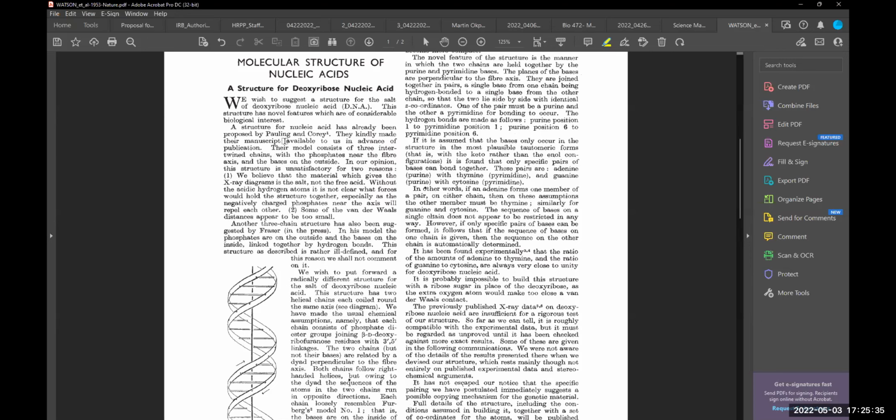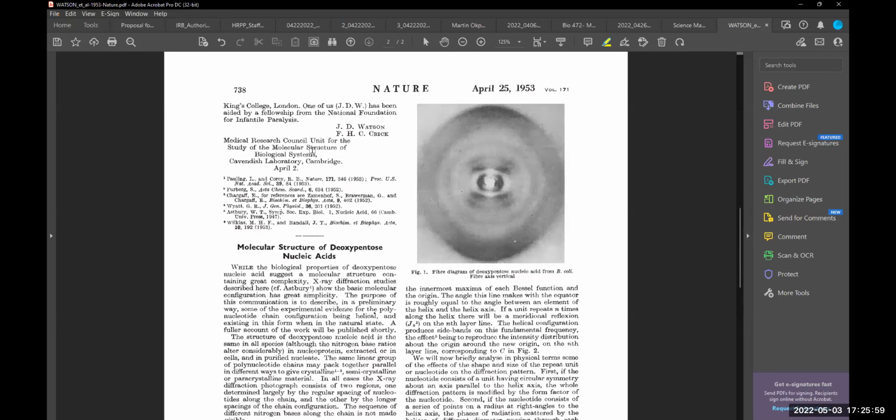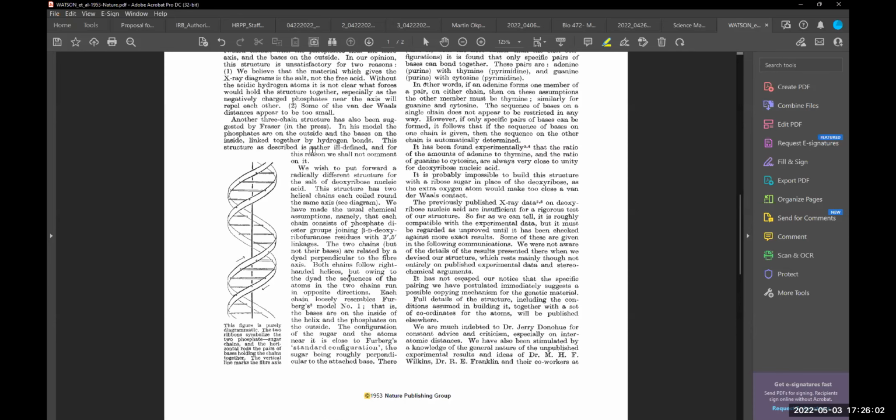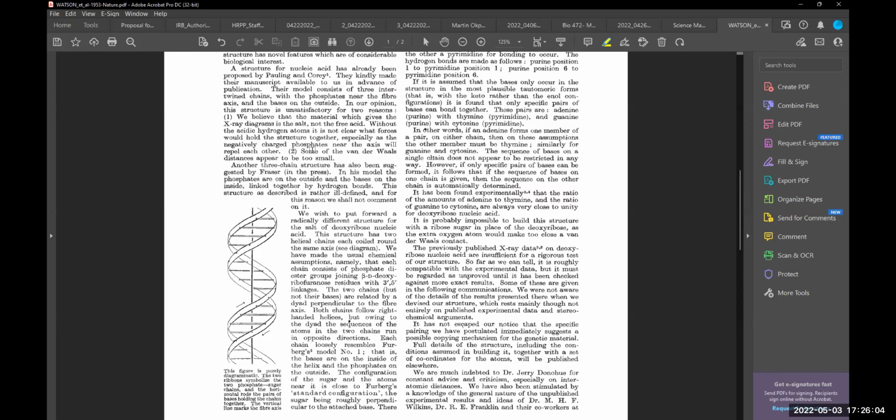Watson and Crick say that the Pauling and Corey model consists of 3 intertwined chains with phosphates near the fiber axis and bases outside. So you can imagine the bases are inside, but Pauling and Corey published their structure in 1953 itself, and they suggested three chains. They didn't say helical structure, and the DNA bases pointing outside is just opposite. DNA bases are pointing inside.